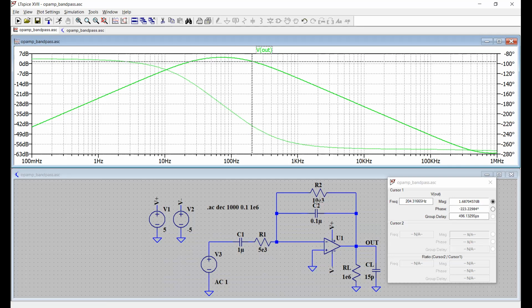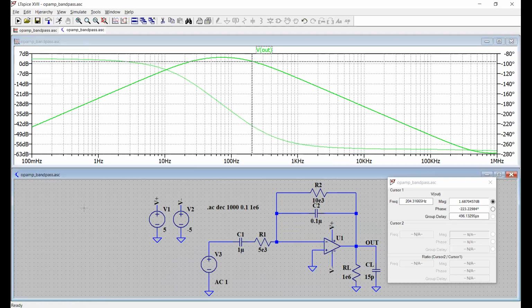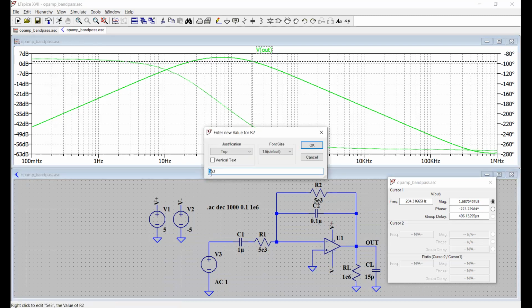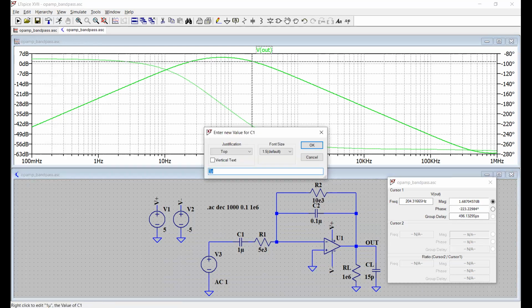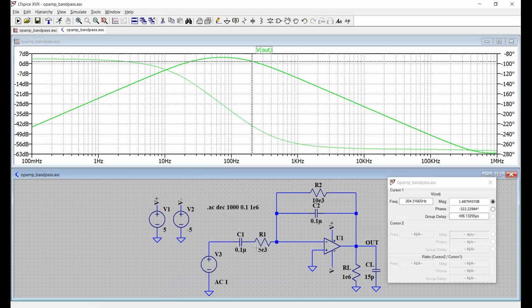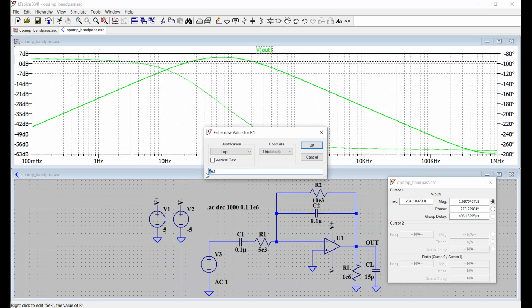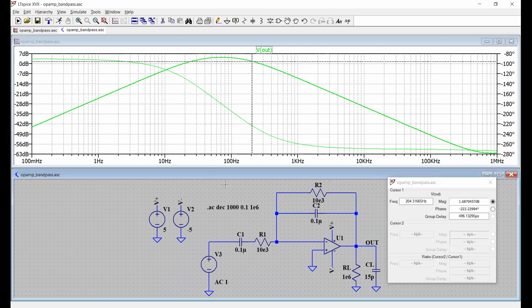So let's now take a look at what happens if we make these values equal. For instance, R2C2 is made equal to R1C1. We'll see what the response looks like. For instance, we have this 10K, and 0.1, we have this 0.1. We also make this resistor 10 kilo. And now we simulate the response.